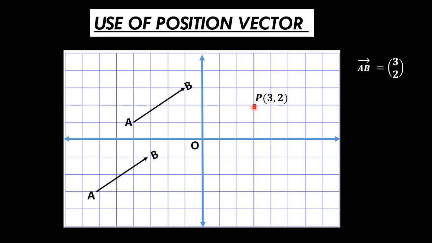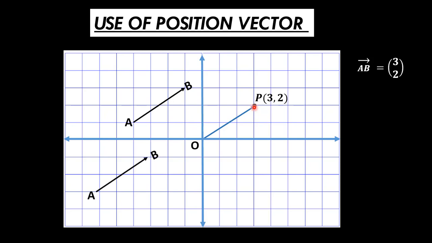If I refer this point P to the origin, I will get this vector OP. In the given figure, the displacement vector OP describes the position of P relative to the origin O, where OP is called the position vector of P relative to O.